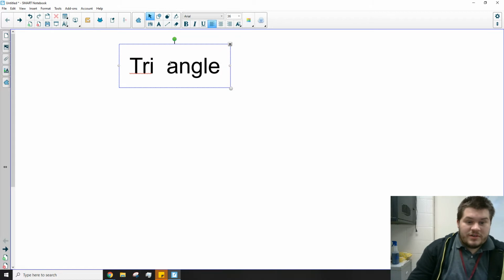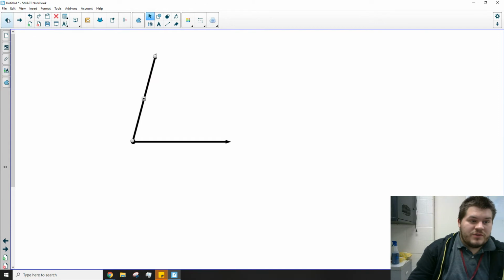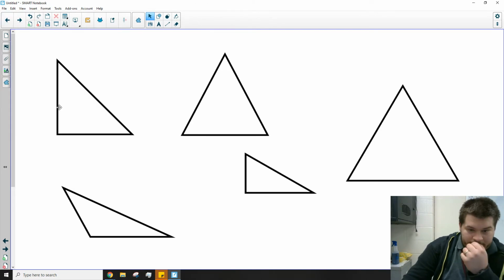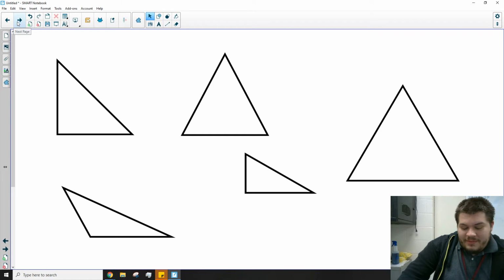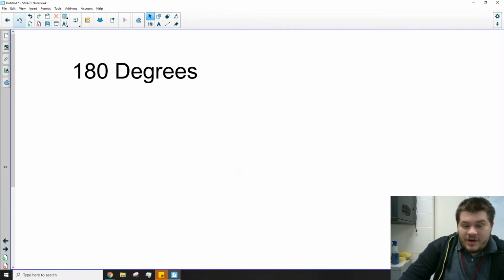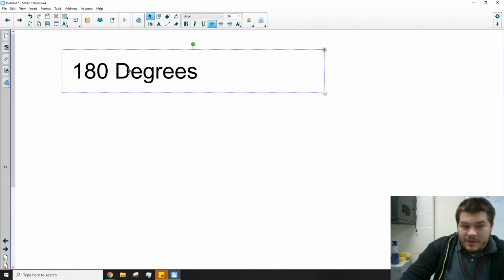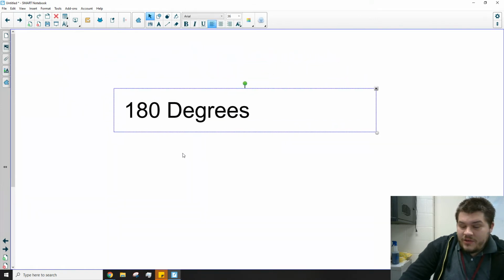Tri means three, so you have three angles, which is why you have three corners and three sides. To put it simply, there are three angles in a triangle, and regardless of the triangle and how it looks, its three angles will always add up to 180 degrees.